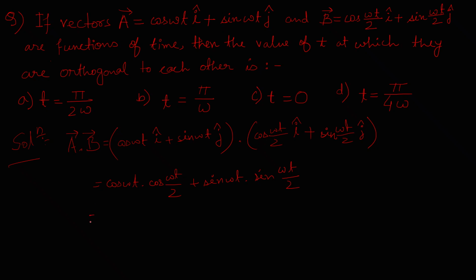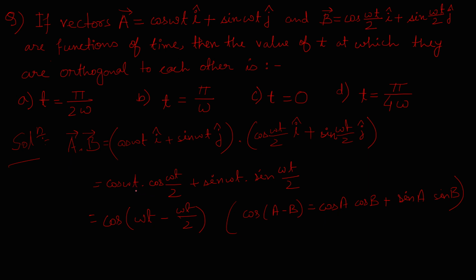So this is equal to, now this is a trigonometric formula. Let me write the formula first. Cos of omega t minus omega t by 2. How does this happen? Using the formula cos of a minus b. Cos a minus b is equal to cos a cos b plus sin a sin b.